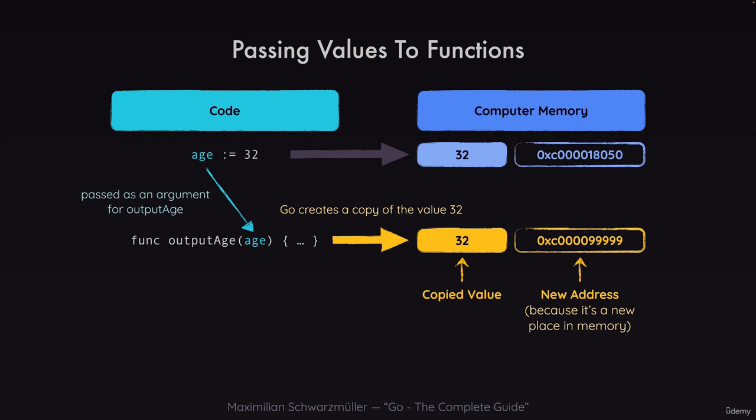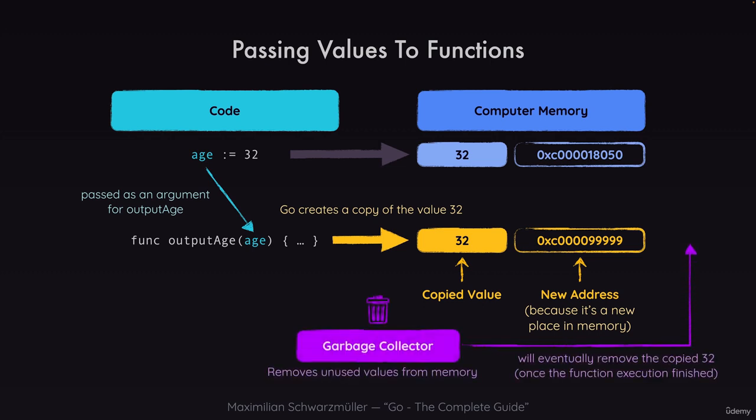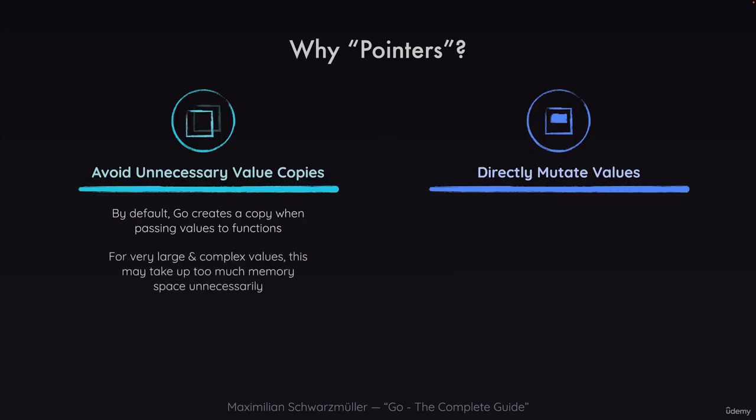So at least for a certain period of time, until the function execution is done and the copied value will eventually be cleaned up by Go's garbage collector, a process that runs in the background automatically and gets rid of unused values. Until that happens, you have the same value twice in memory. And for very large and complex values, that could be a problem in certain applications because since you have the same value twice, you're of course taking up twice as much space.